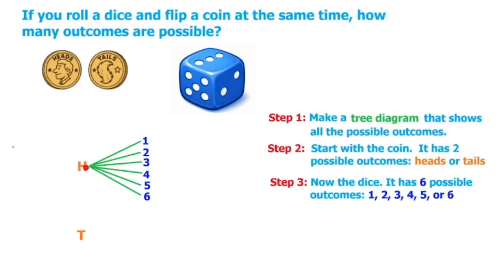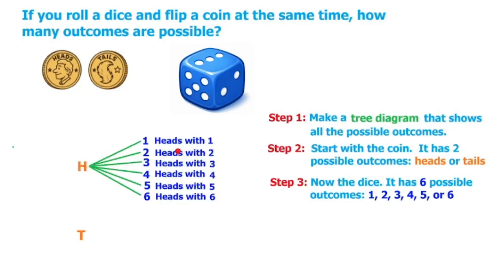So you could get heads with 1, heads with 2, heads with 3, heads with 4, heads with 5, or heads with 6. Those are possible outcomes that could happen.